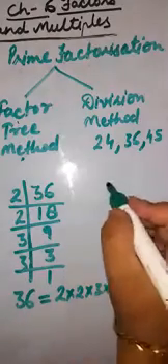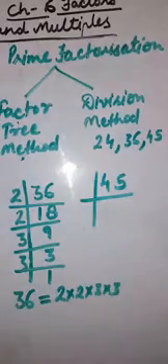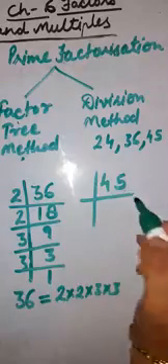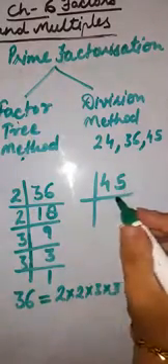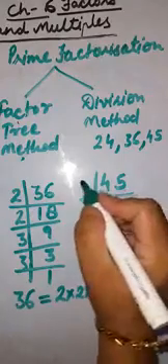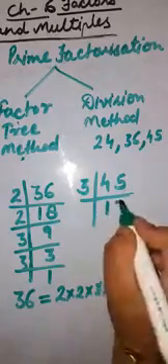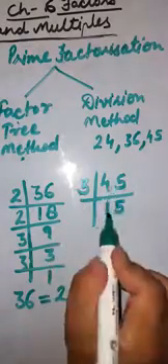Okay, now the next one is 45. All right, children. So here we have 45. We know that this is an odd number, so it is not divisible by 2. It can be divisible by 3. So 3 1s are 3. 3 5s are 15. It means that 15 3s are 45.